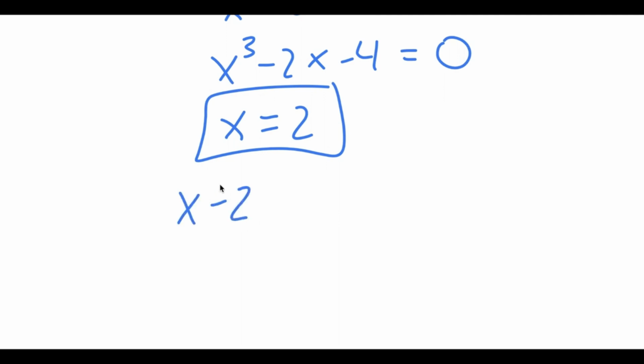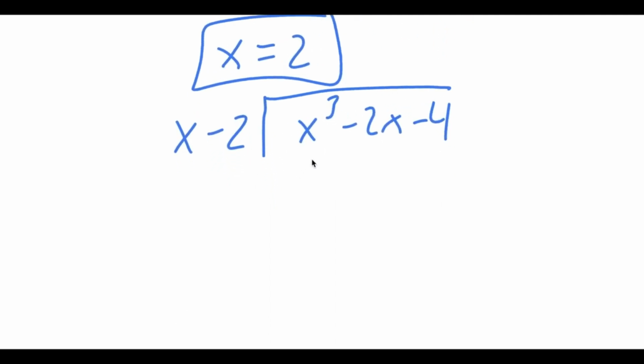x minus 2 equals 0 is a solution, meaning we have to divide this by our original equation. So we have x to the power of 3 minus 2x minus 4 divided by x minus 2.